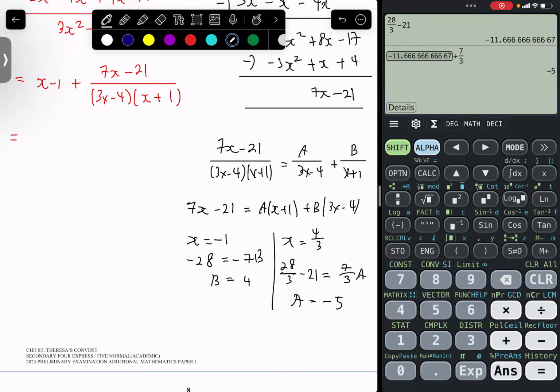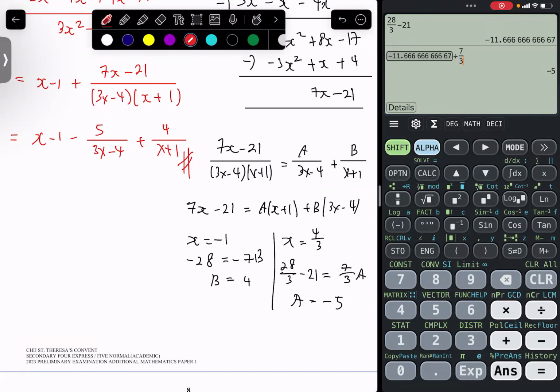So then we'll get x minus 1, back to the answer. x minus 1 plus A is minus 5 over 3x minus 4 plus 4 over x plus 1. Answer. Partial fractions, when we get nice numbers like this, we'll be very happy, because it's very assuring.